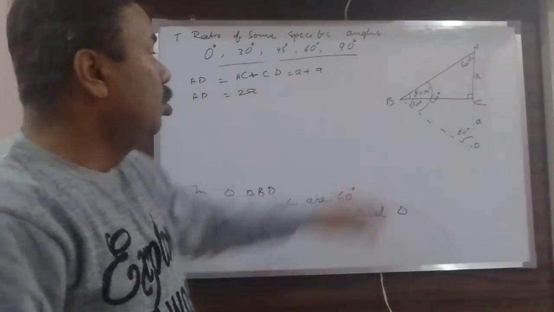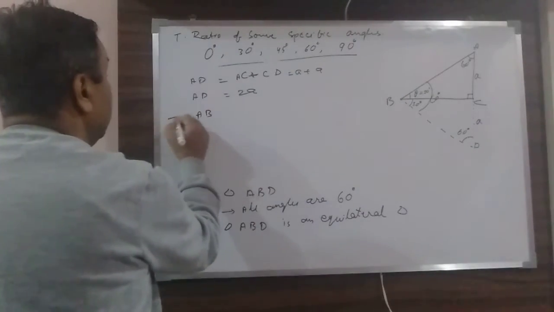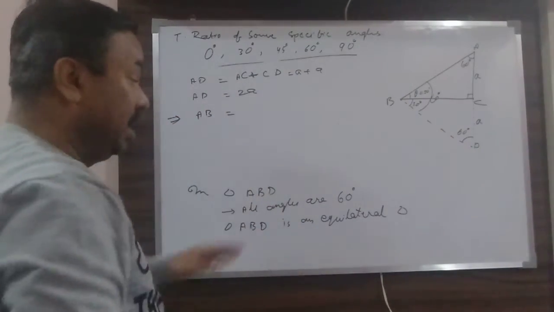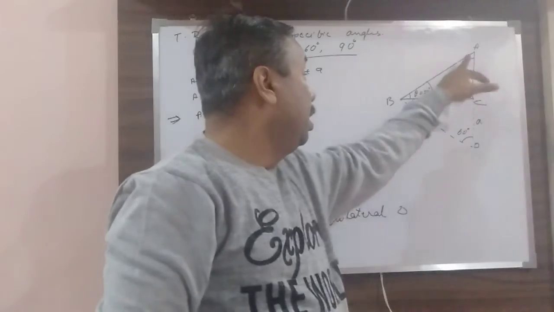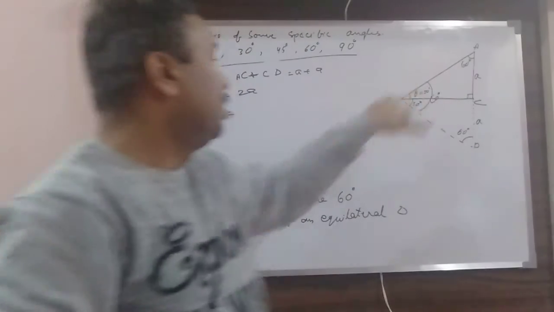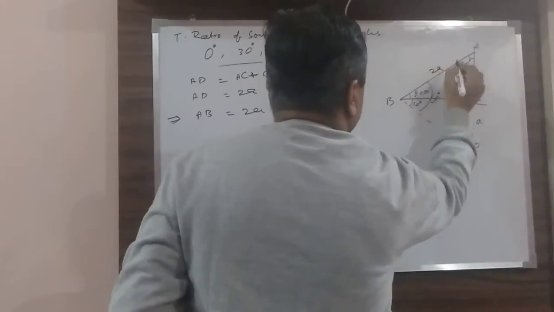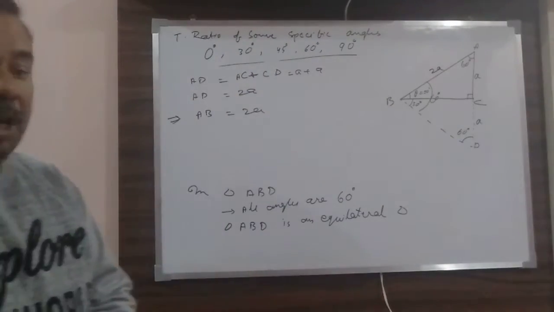And if AD is 2A, since triangle ABD is an equilateral triangle, all sides will be equal, so AB is also equal to 2A. That means length of this is 2A. Now what about BC?